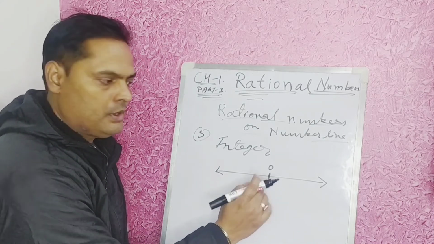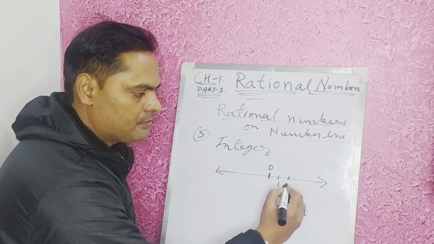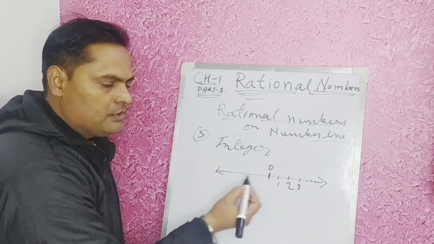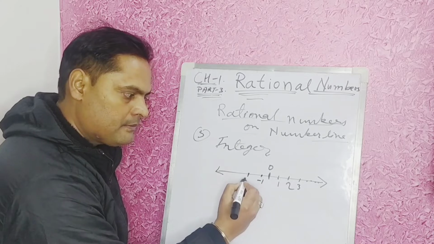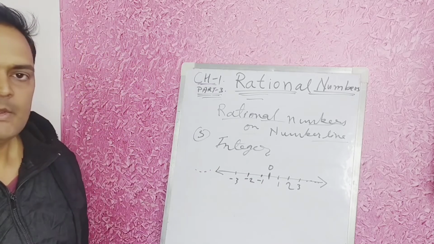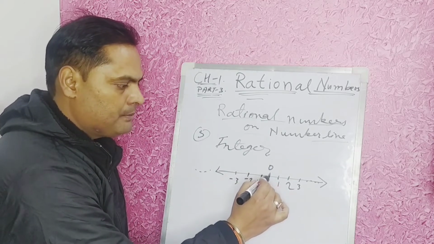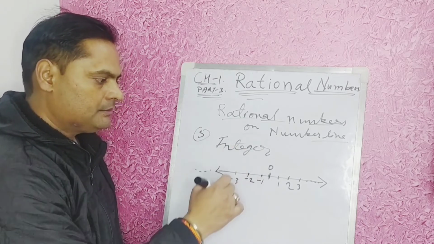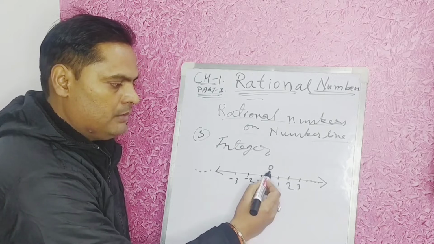We can move to the right hand side, and we can also move to the left hand side by indicating -1, -2, -3, and so on.